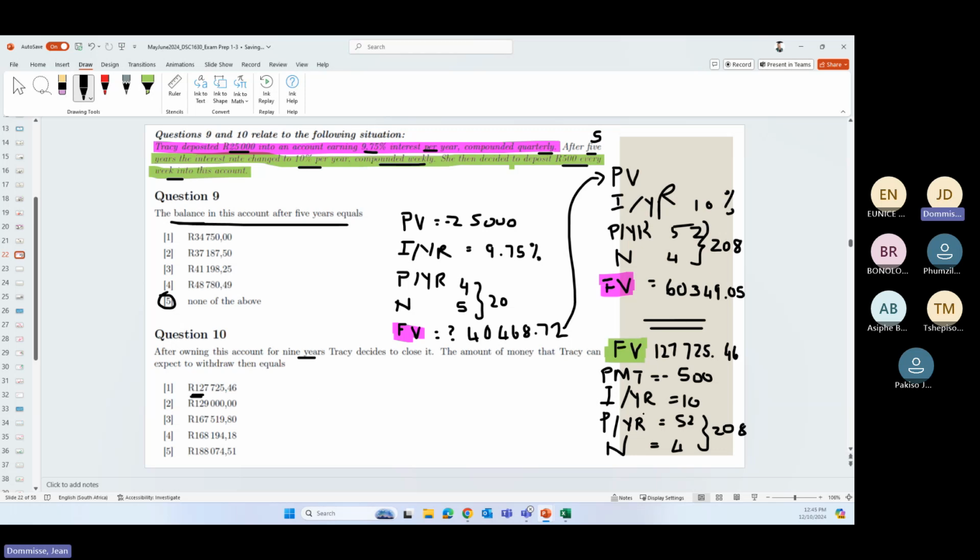But then we need to add the two, so 60,349.05, and we get 188,074.51.